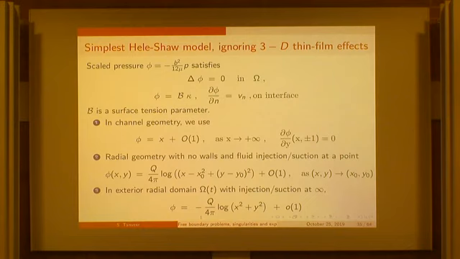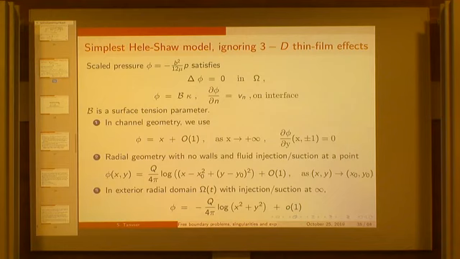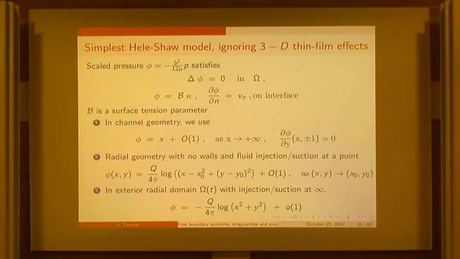the simplest model is one where you basically have the scale. Phi is a velocity potential, and since pressure satisfies Laplace's equation, this phi can be thought of as scaled pressure.